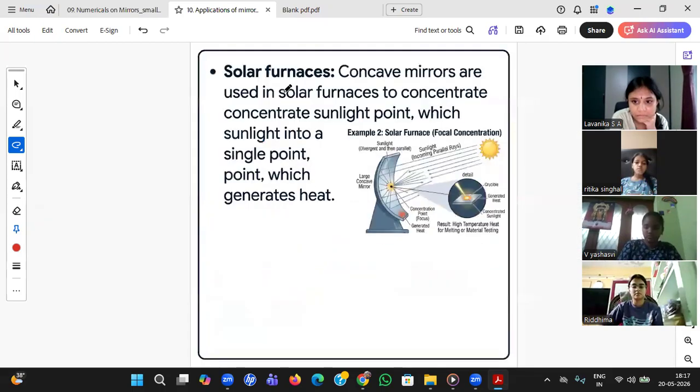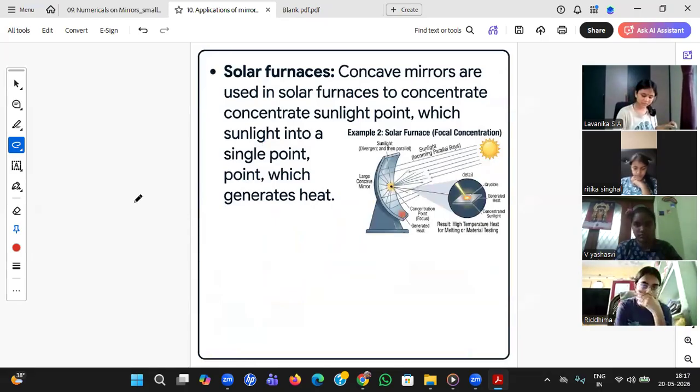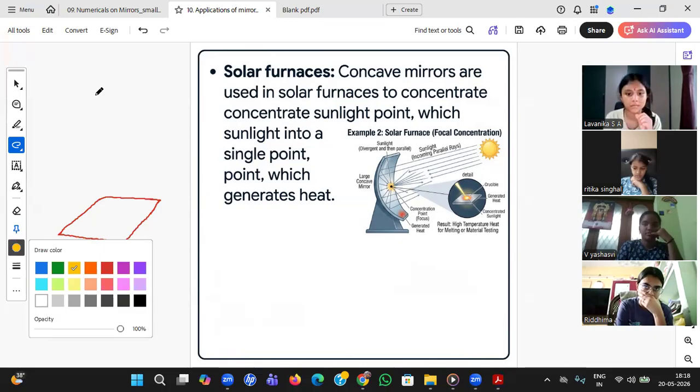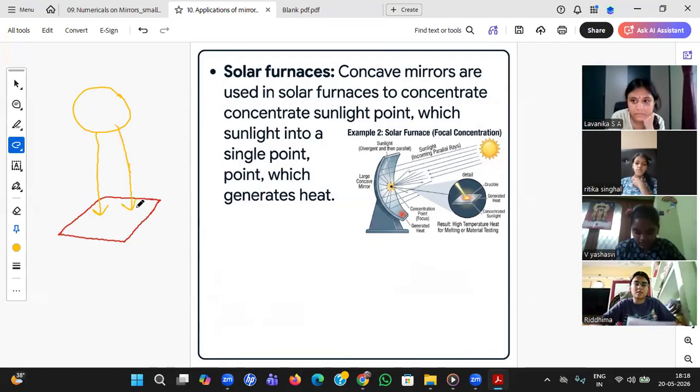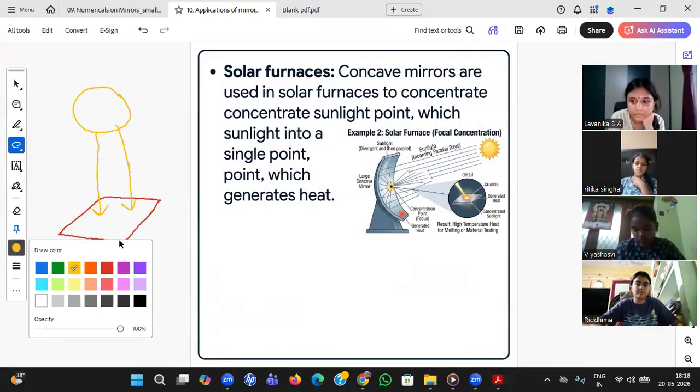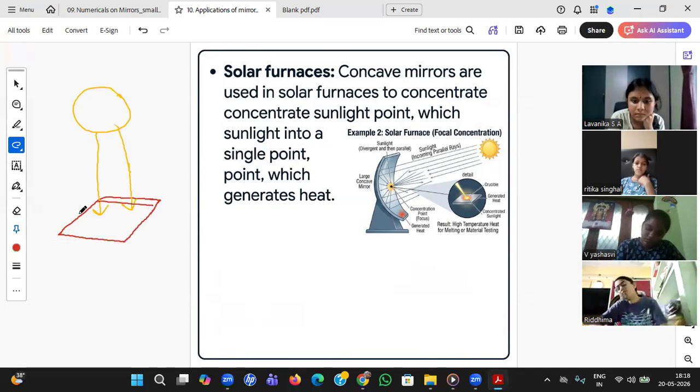Yes, solar furnaces, student. Okay, I'll try to draw it here. You might have seen those solar panels also. What does that solar panel do? Whenever sunlight falls on this particular panel, it will convert that light into electric energy.